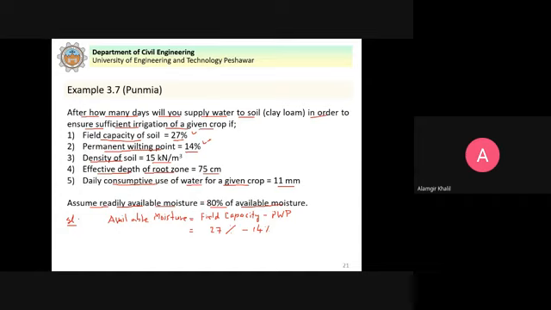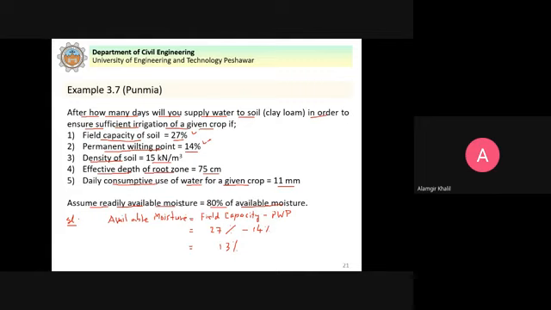But here we are given these values in the problem, so we just want to calculate after how many days we have to supply water to the soil in order to ensure sufficient irrigation for the given crop. So this will be equal to 13%. This is now the available moisture to the given crop.